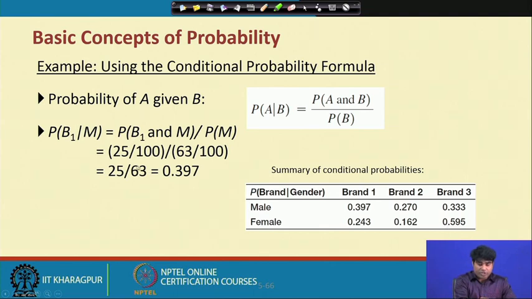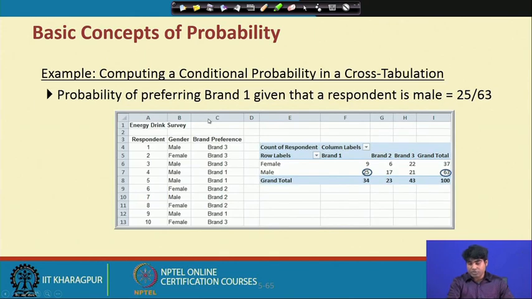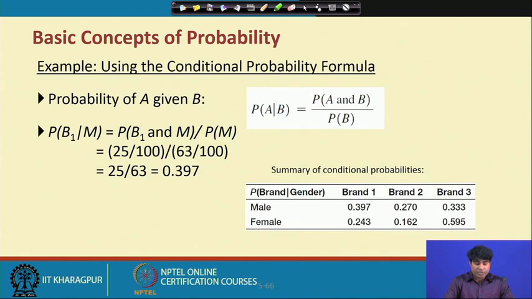We have already discussed 25 by 100 and 63 by 100, so you will get finally 25 by 63, and that is the probability when you are calculating the probability of event A given B. That is nothing but 0.397.